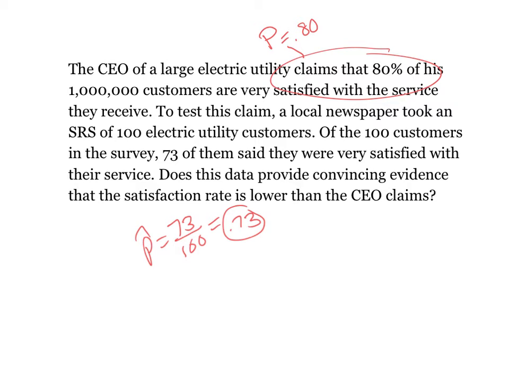Okay, so this is the setup for a hypothesis test. There will be a claim, and we're going to test that claim by taking a sample, and then using our information and knowing what we know about sampling distributions, we'll be able to figure out if that claim is accurate. Okay, so that's kind of the goal here.